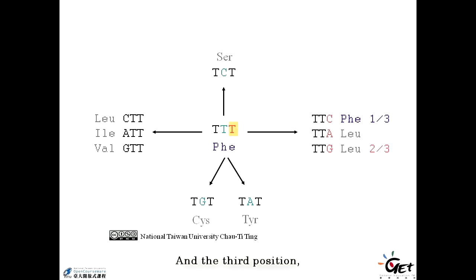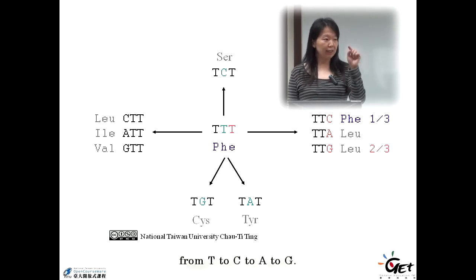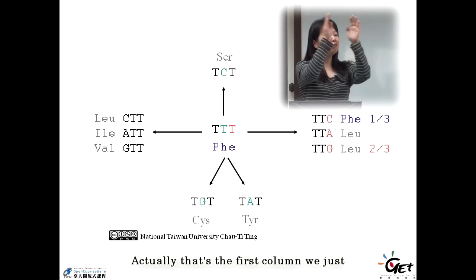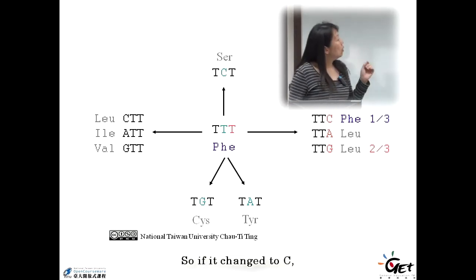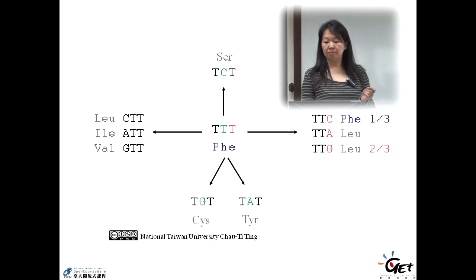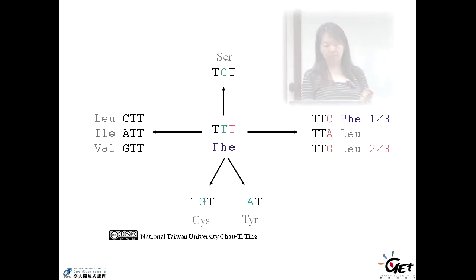And the third position is on the right-hand side of the slide. Now it's the same thing from T to C to A to G. Actually, that's the first column we just looked at on the codon table. If we change to C, it's phenylalanine. If we change to A or G, it's leucine.